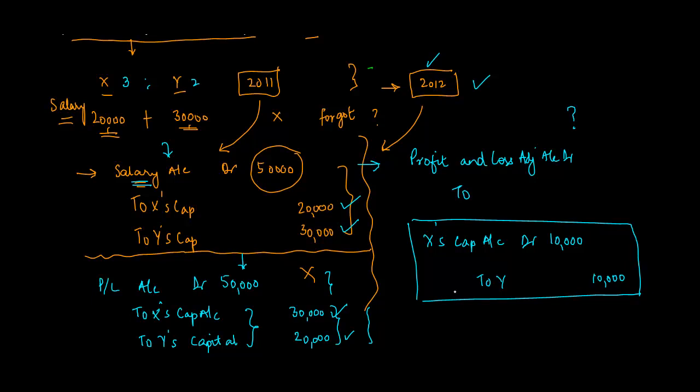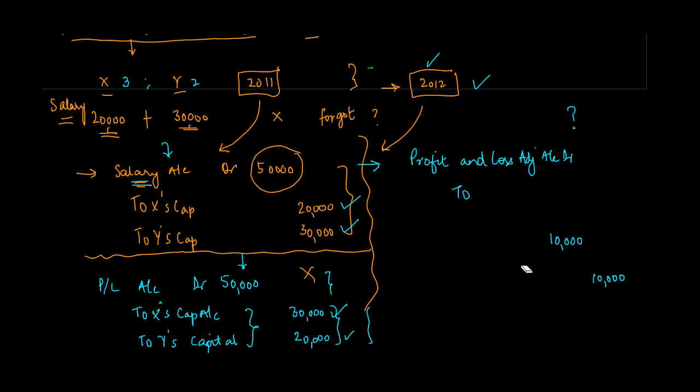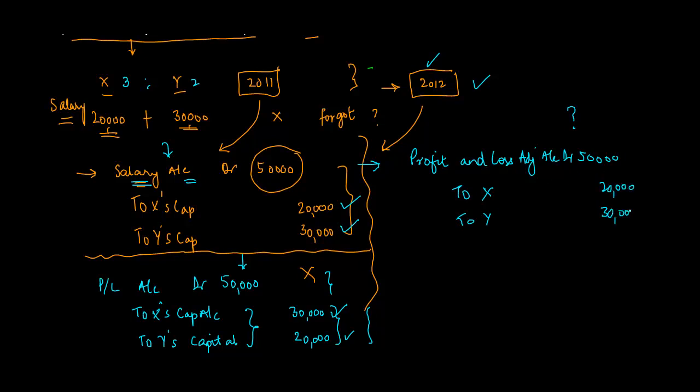The other method which I was showing you here is a lengthier one, but let's see it for the sake of completeness. The salary account would have been debited to profit and loss account, 50,000, and you would have credited X and Y by 20,000 and 30,000 respectively.